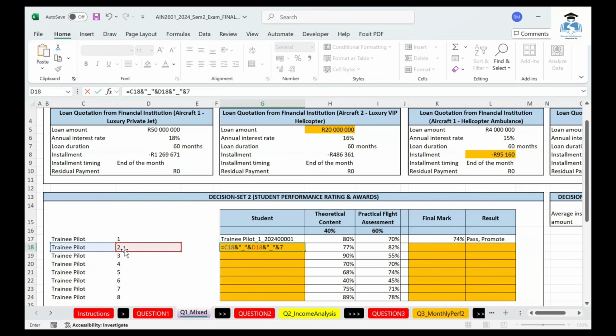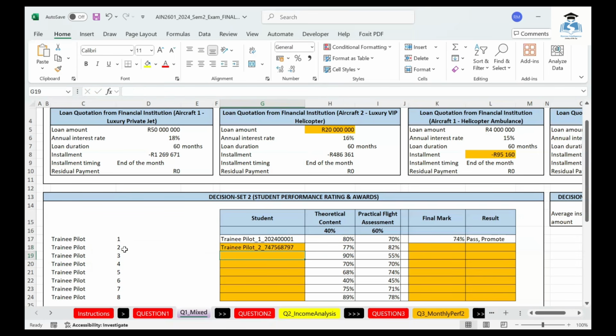74 756 8797. My student number is very big. So now after I have done this, you can drag the formula.